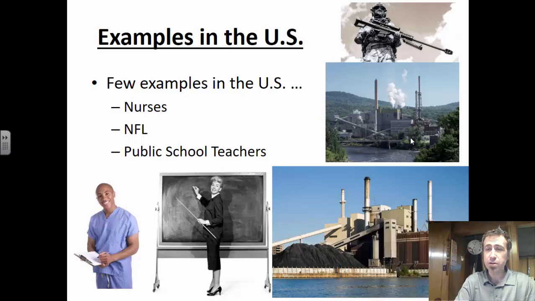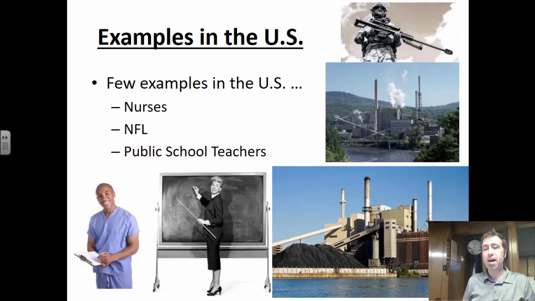And of course, if you want to be a teacher, as I mentioned earlier, there might be a monopsony in some places for licensed teachers. If you want to be a sniper, well, guess what? Probably only one legal place that's hiring for that, and that is the military.